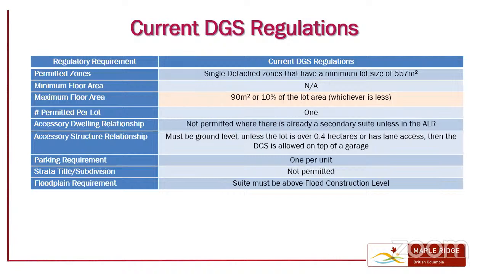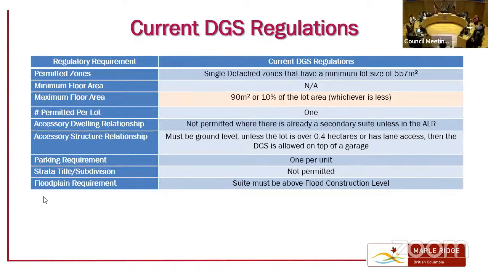So in terms of what is changing, here is what is currently allowed for a DGS. Just a quick reminder, it's only allowed on lots that have a minimum lot size of 557 meters squared. They have to have parking requirements, permitted on the ground level unless they're on a larger lot. But right now, the maximum floor area is 90 meters squared or 10% of the lot area, whichever is less.